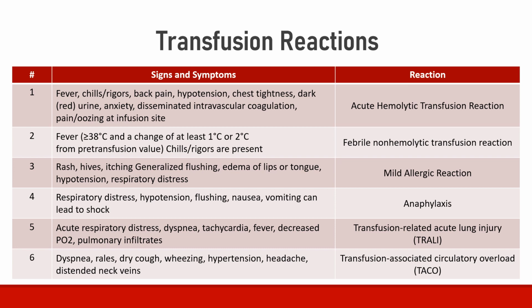This is the fun one, TACO. Not fun for the patients, but it is fun to say. So TACO is something we should always be aware of if we are giving blood products to a patient, especially our patients with cardiac underlying issues or renal underlying issues, our older patients, or patients that we're giving blood products to quite quickly. Because remember, it's volume, right?